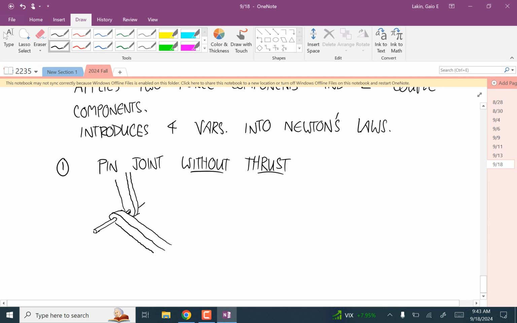I'm just exaggerating this pin, but what thrust means is an axial force, a force along the axis of that pin. And so you can see from that picture that both of those are free to slide along that pin, so there's no force provided there.